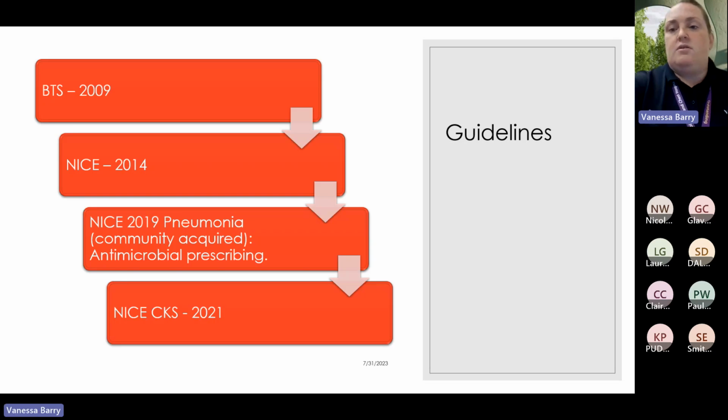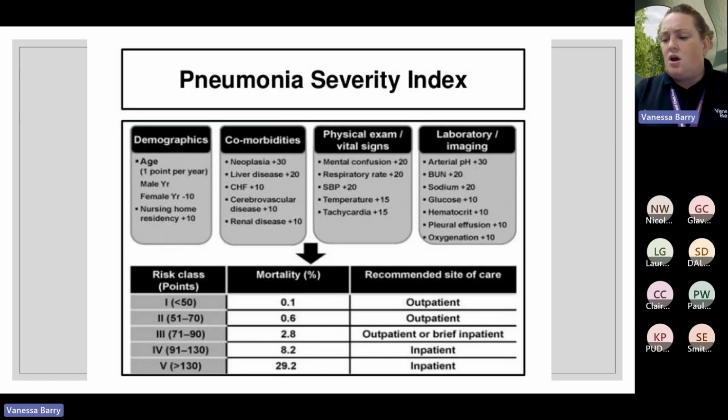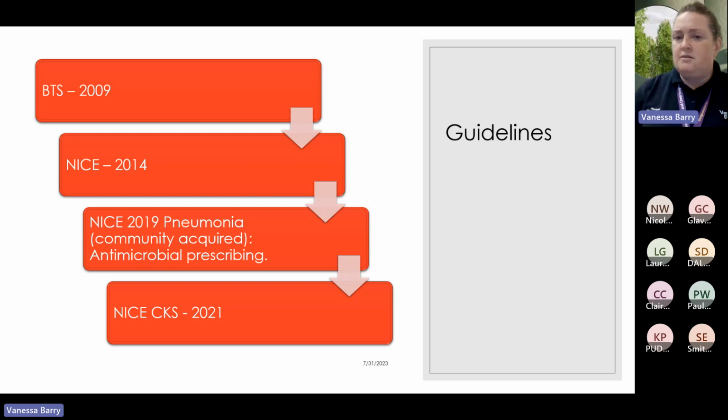There are lots of different guidelines out there, but you will have your own local pneumonia guidelines and local antimicrobial guidelines. We've got Pan-Mersey guidelines. I'm not sure, anyone who's over in Crewe or Leighton, are you governed by Pan-Mersey guidelines that far across?